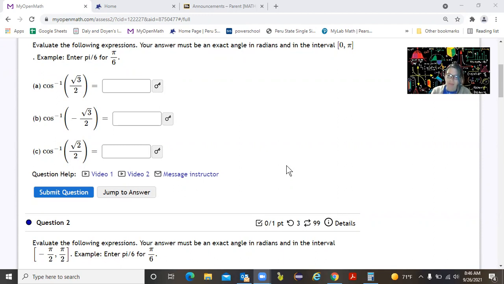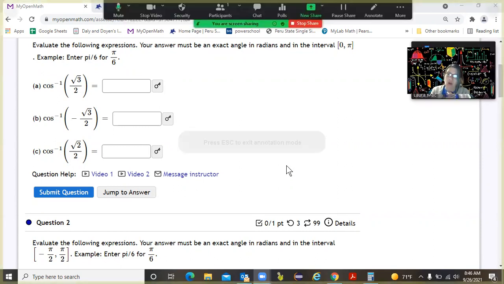So we just have to remember, these are actually all cosine, but recall that the range for cosine inverse is similar to that as cotangent inverse and secant inverse. Oh, and it's kind of cool. This question actually tells you that.